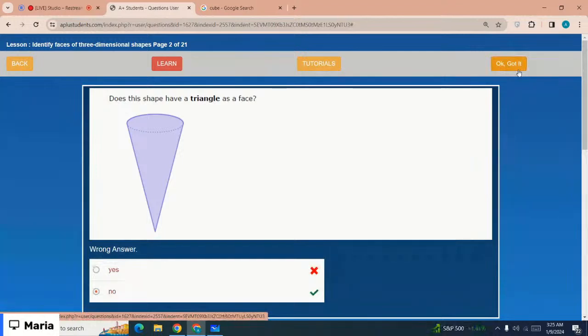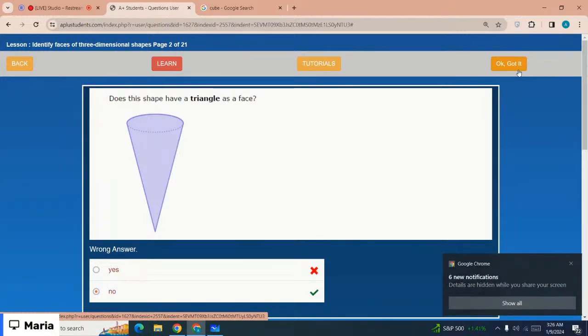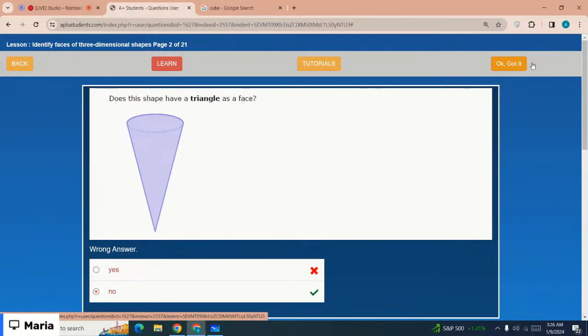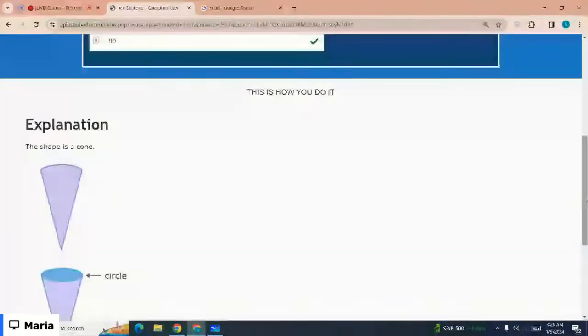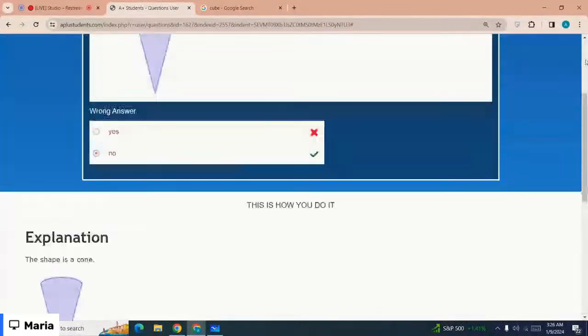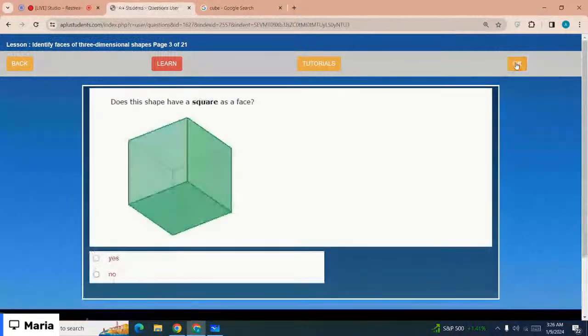No, not a triangle face. Okay, the cone doesn't have any triangle face.